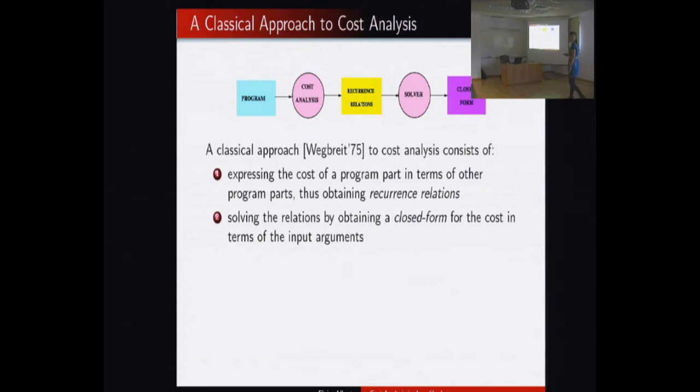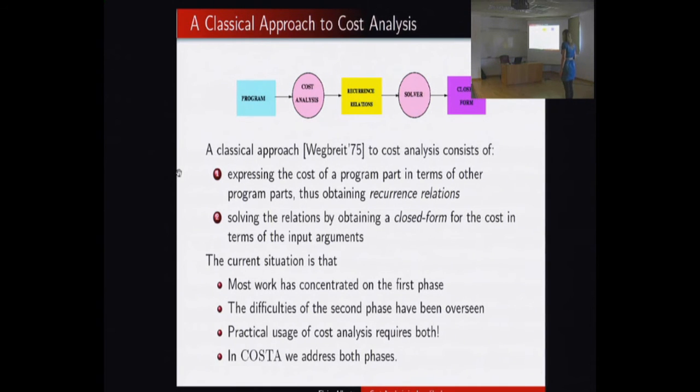They express the cost of executing a part of the program in terms of other fragments of the program, so they are in recursive form. This is the first phase. And in the second phase, we solve these relations in order to obtain closed forms, or formulas which are not in recursive form. I mean, they can be directly evaluated. So we will now see these two phases in more detail, so I will extend these explanations.